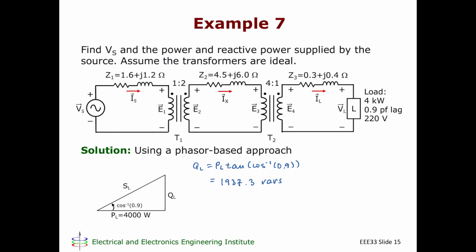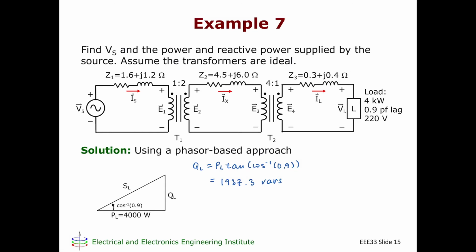Now let's take a look at the circuit again. I can compute the value of E sub 4 using KVL. E sub 4 is equal to the voltage across Z sub 3 plus the voltage across my load.